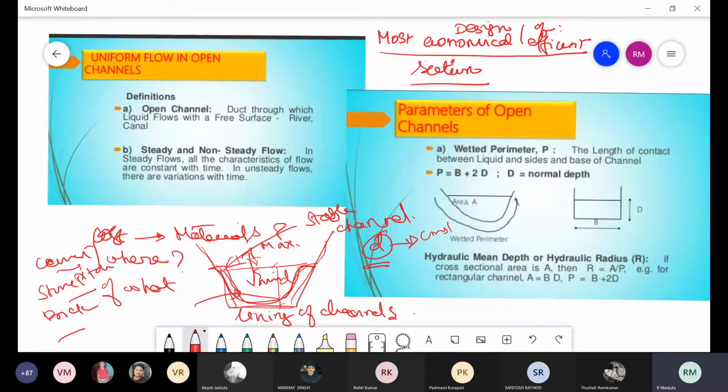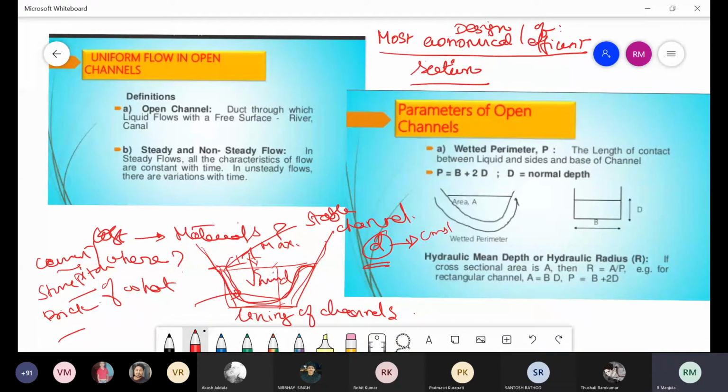So the cost is involved in the lining materials which could be used for the lining process. The cost of these materials could be high or low.